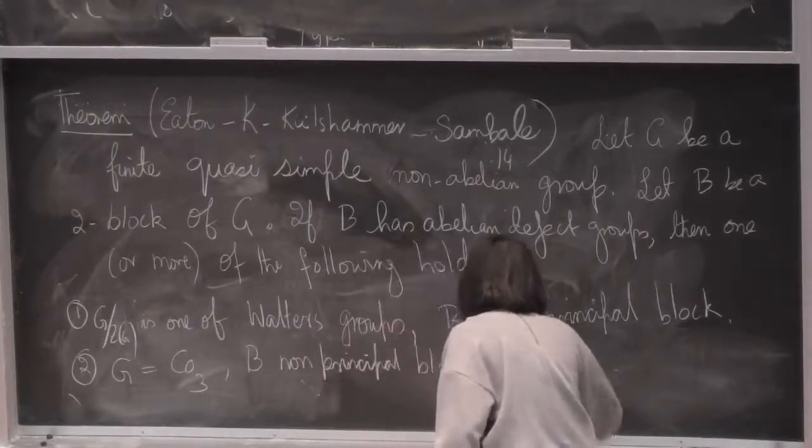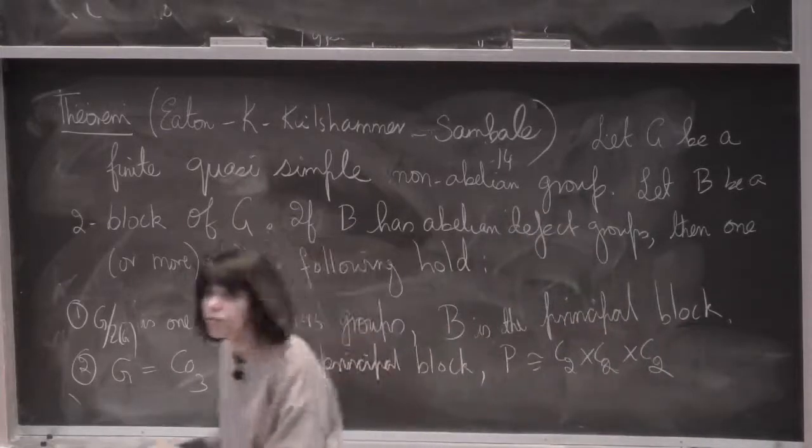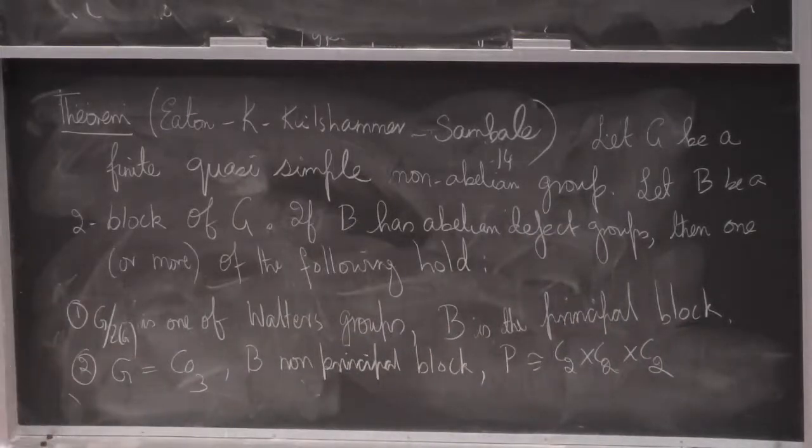And the defect group is elementary abelian... Oh, I'm almost done. Yes, but for once I'm more or less on time, so I will finish. Okay, so you get this new guy here.